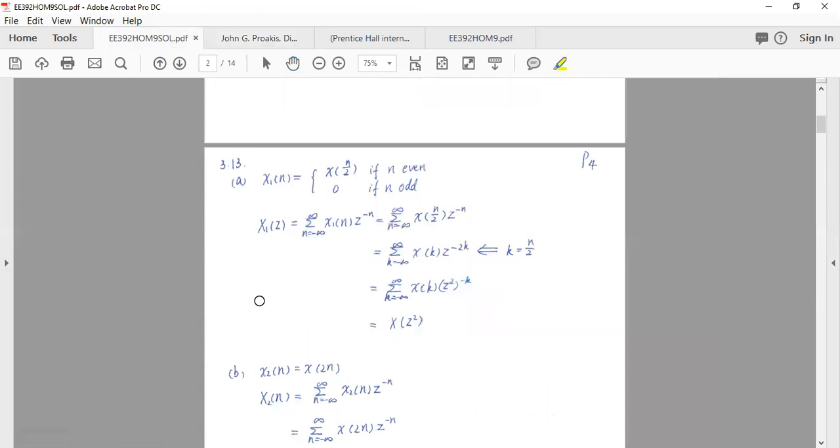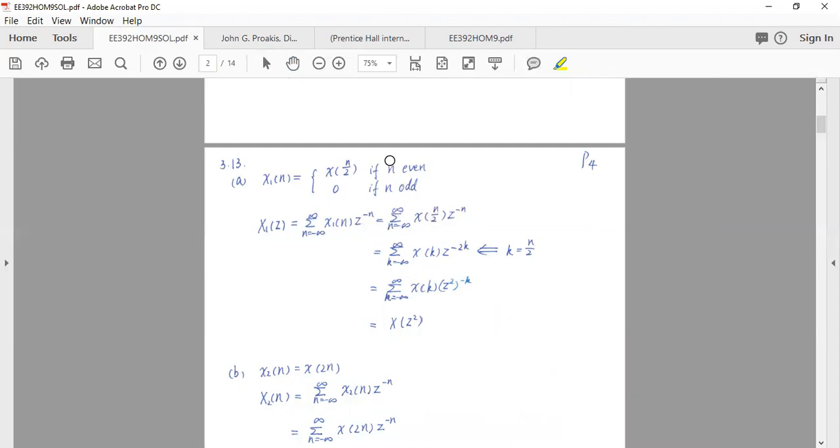So for part A, performing the z transform of this signal is basically X1 of z. Using the definition of z transform, we get the sum of x1 of n, z to the power of negative n, from n is equal to negative infinity to infinity, right? x1 of n is x of n upon 2 for n even, so we can substitute x1 of n with x of n upon 2.